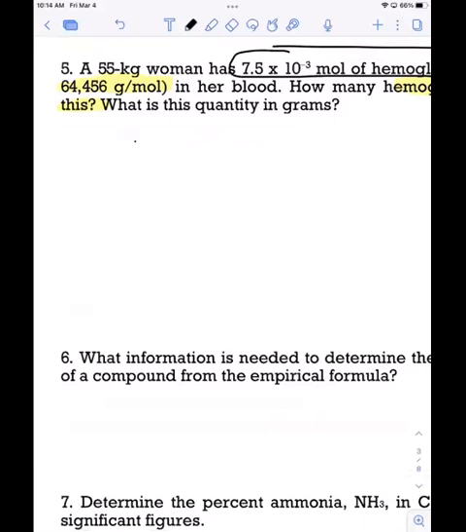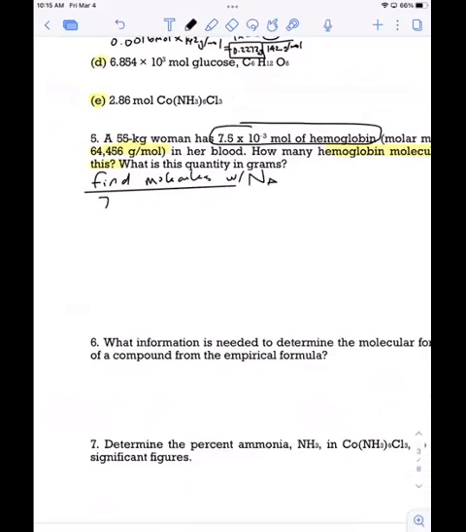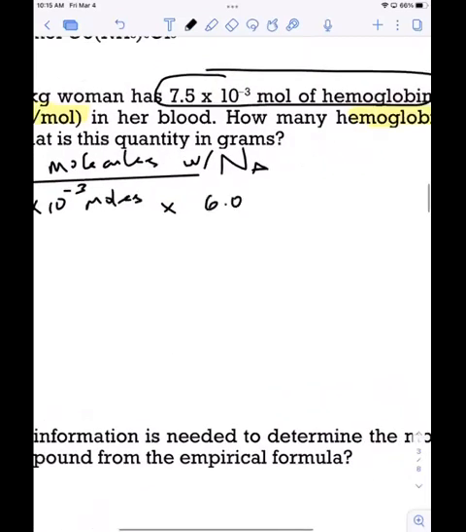We're looking for molecules, and we're going to use Avogadro's number, uppercase N with a subscript uppercase A. So it's going to be 7.5 times 10 to the minus 3 moles times 6.022 times 10 to the 23rd.